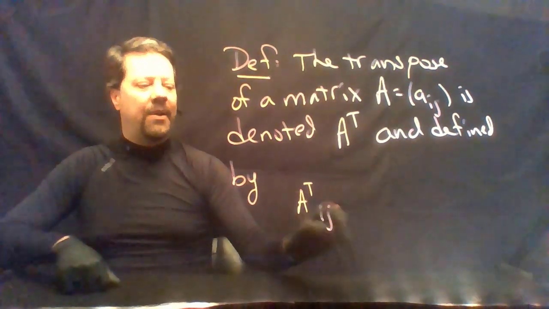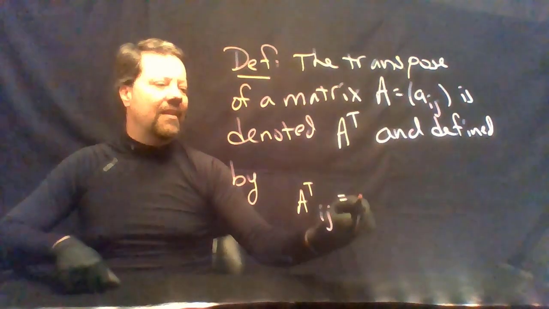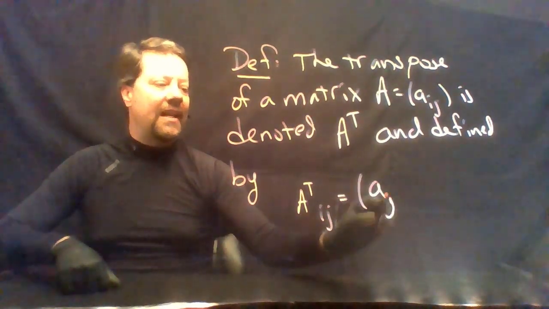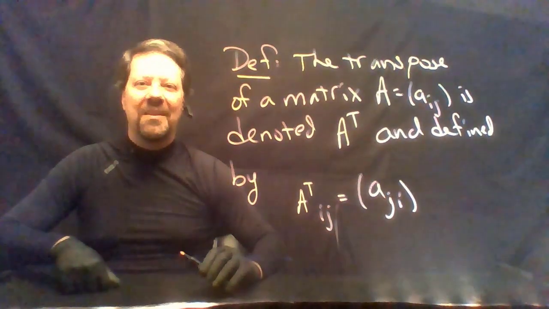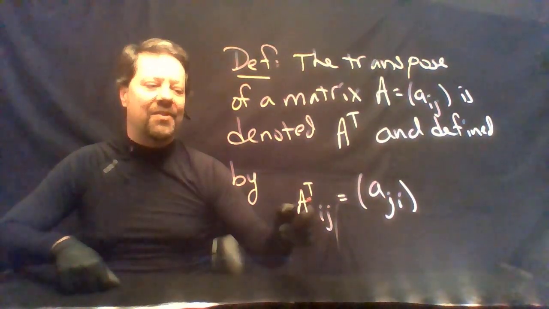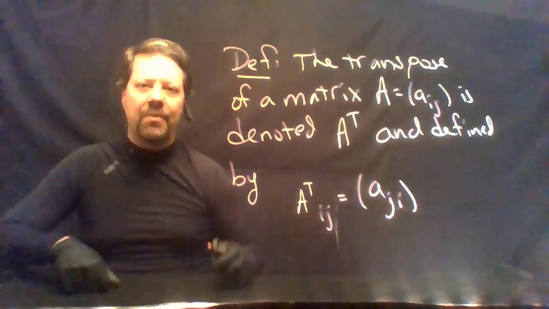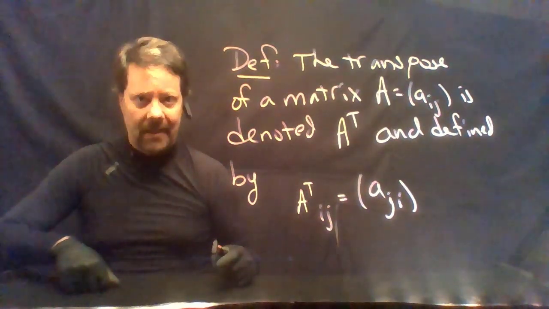The ijth component of the transpose is equal to the jith component of the original matrix. What we're getting at here is that the transpose reverses the roles of rows and columns.